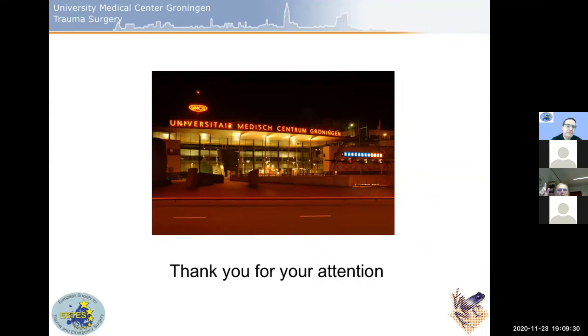I don't think that the relation is not with the chest trauma. The relationship is how you deal with the chest trauma. What do I mean? I mean a patient with four rib fractures and a not so severe lung contusion.